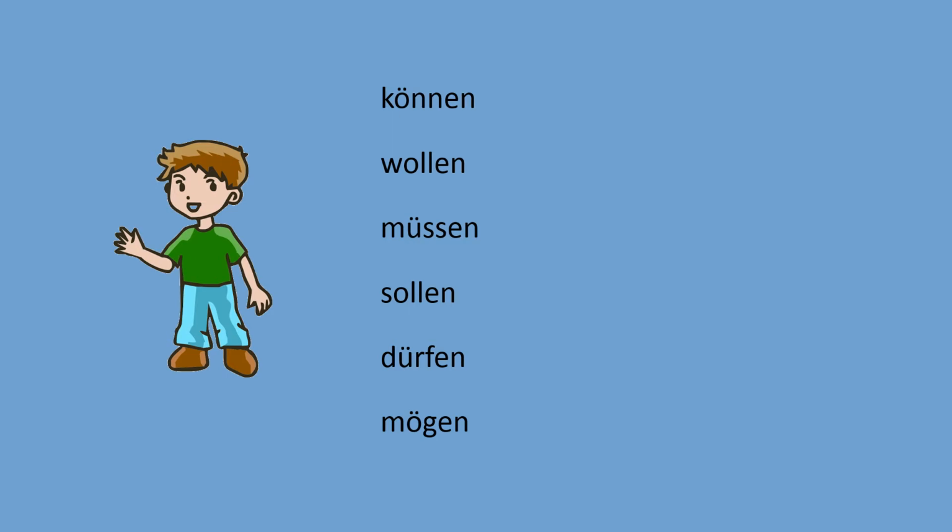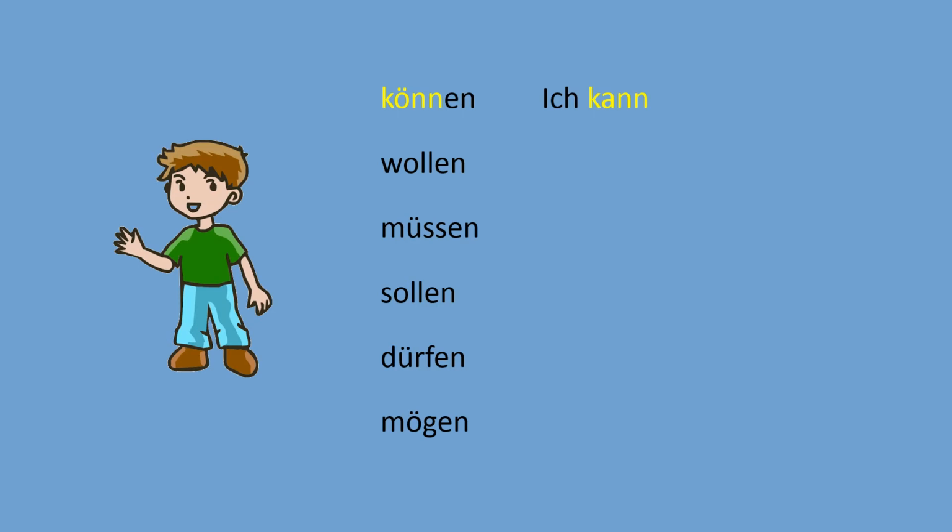I would like to say I can, or I want, I must. For the verb können, I would say ich kann. You see, we don't use the ending, so the conjugation is very specific. We just took the stem from the verb and changed the vowel in the stem.